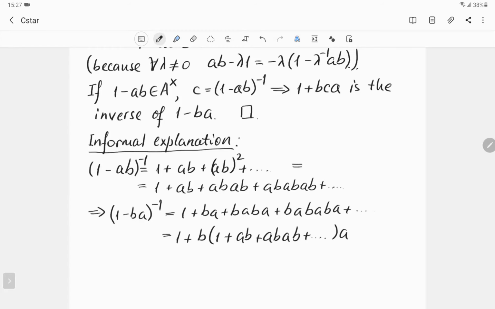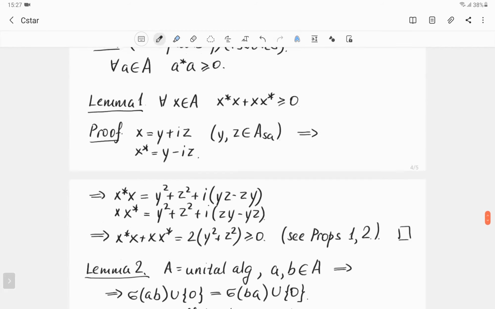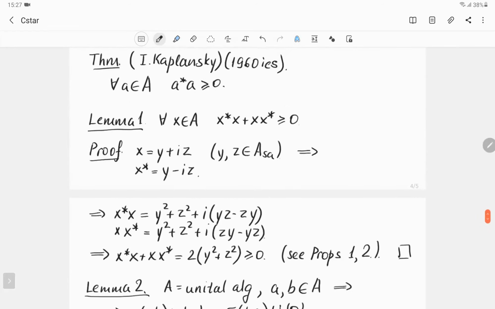Okay, so now we are ready to prove Kaplanski's theorem. So let's recall the statement. We want to show that for each element little a in our C-star algebra A, the element A star A is positive.